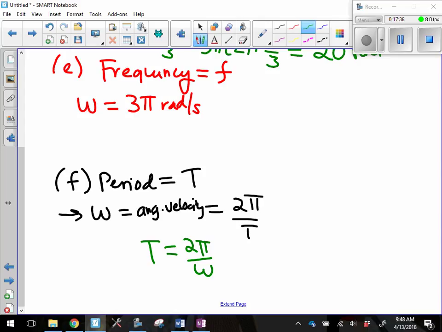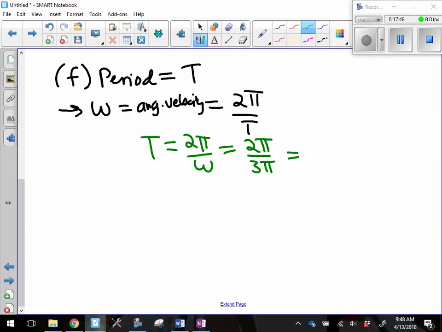The algebra's not that hard there. So that's going to give me 2 pi over 3 pi, or what's my answer going to be? Okay, so 0.67, and what are my units for period? Seconds.